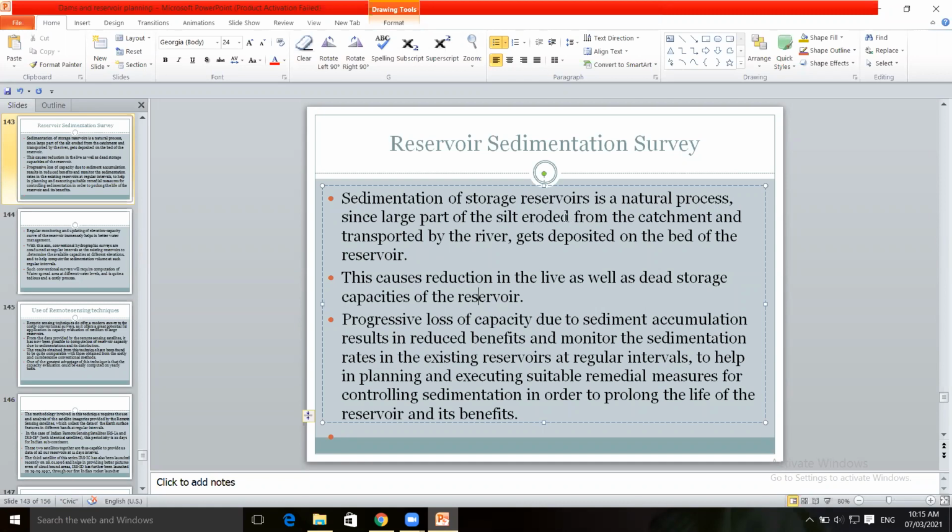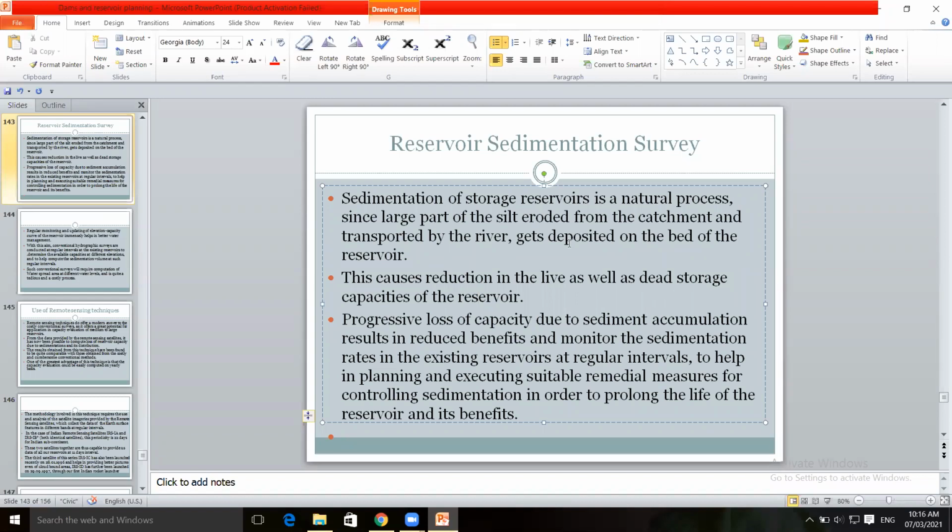What happens if silt accumulates at the bottom, at the bed of the reservoir? The reservoir capacity will reduce. The storage capacity will reduce. As the level of the silt at the bottom of the reservoir increases, the storage gets reduced.